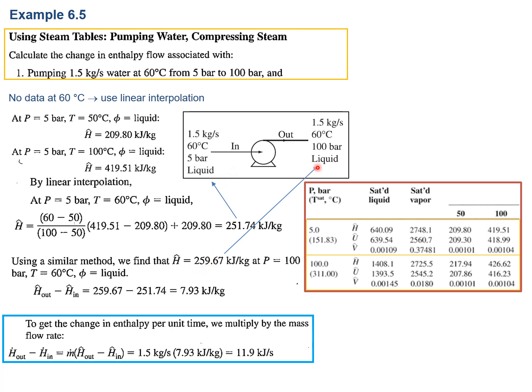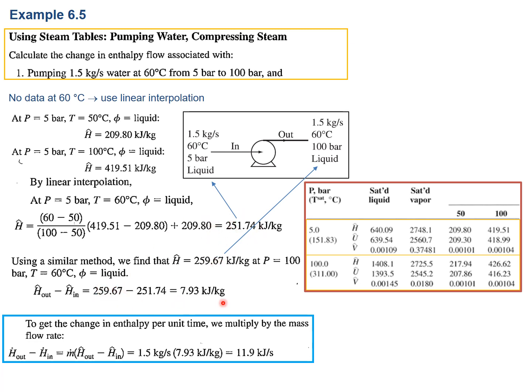In the same way, we could calculate the output data. So 100 bar, you can find it, but unfortunately we are still at 60 Celsius degree, which is between 50 and 100 Celsius degree. Use linear interpolation. Then you could find this value. Then finally, you obtain this value. Then the enthalpy change is this value for the output minus this value for the input.